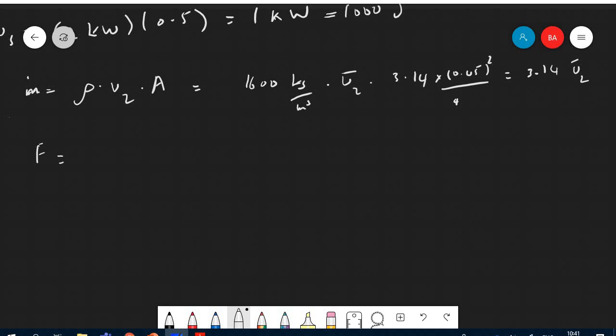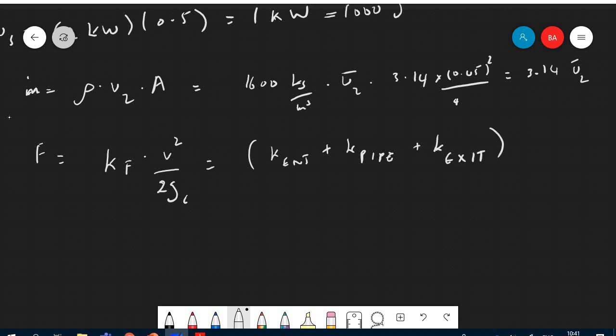We said after m dot we want to look at f. So for f, remember that f is kf times u square over 2gc. In this case, the kf that we have for the friction includes the entrance, plus the pipe, which is 27 meters, plus the k exit, exiting that pipe.